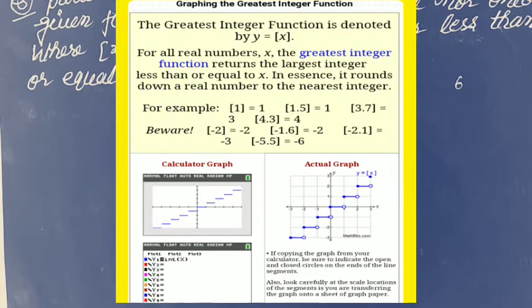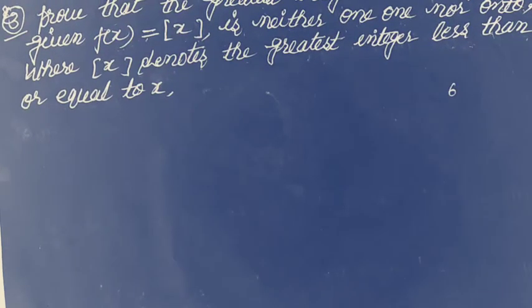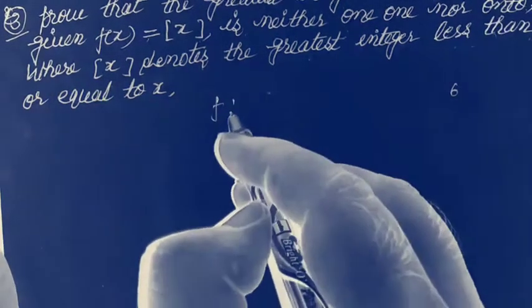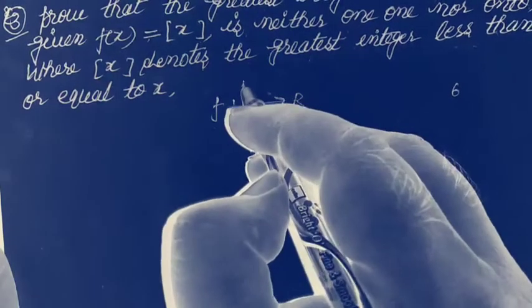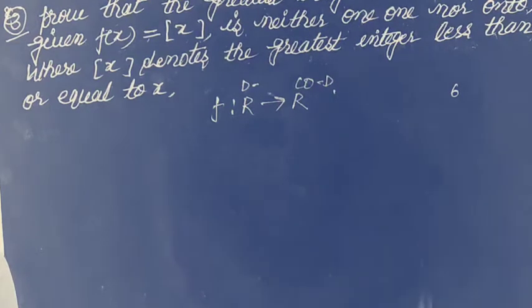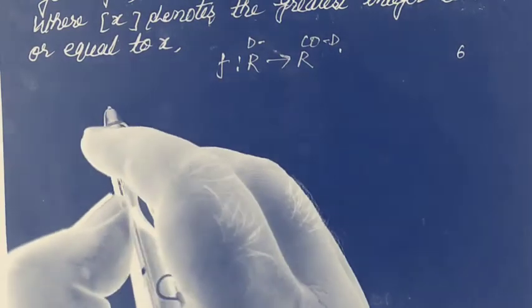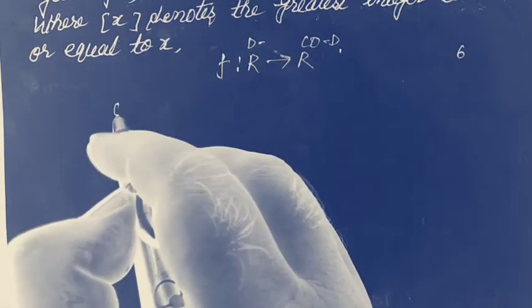After understanding the greatest integer function, here first we have f: R → R. The domain is real and the codomain is also real here. So first we will see injectivity, or one-one.